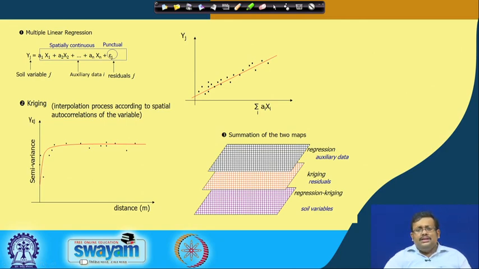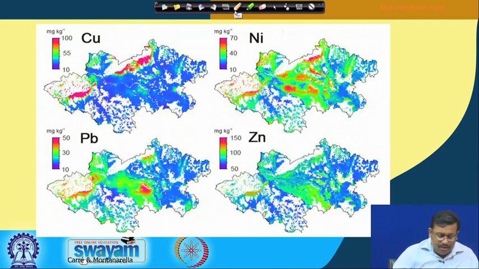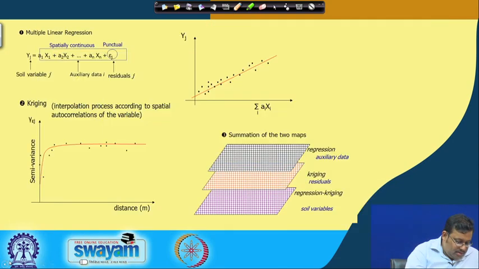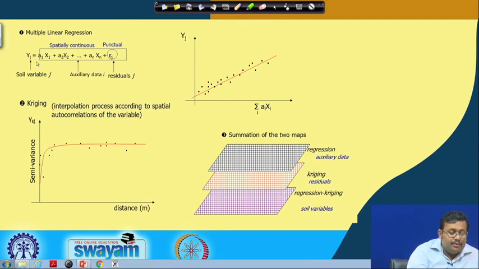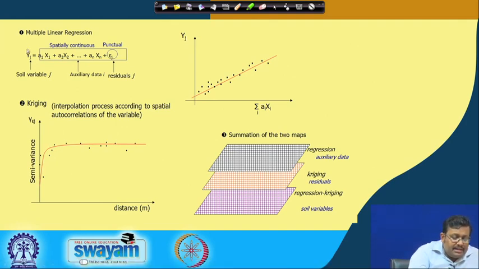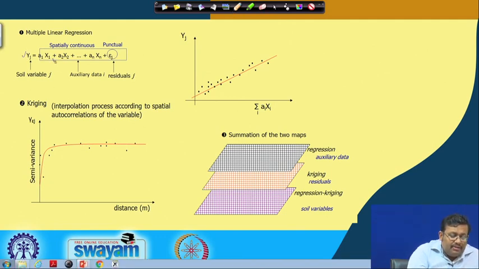We will talk about regression kriging later on, but just remember that ultimately their aim was to produce a model to predict a particular soil heavy metal, for example copper. If this is soil variable J, in our case copper, then they used this model.